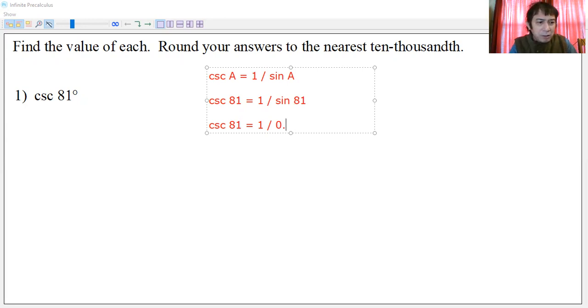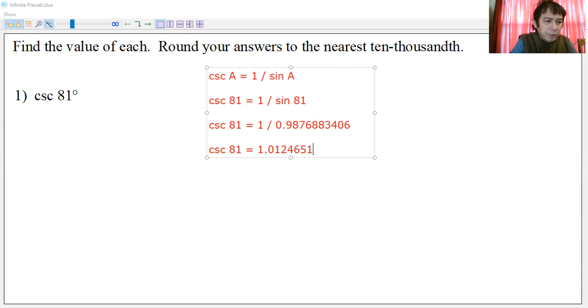So sine of 81 is 0.98768 83406, and then we shall find the cosecant of 81. This is now equal to 1.012465126.